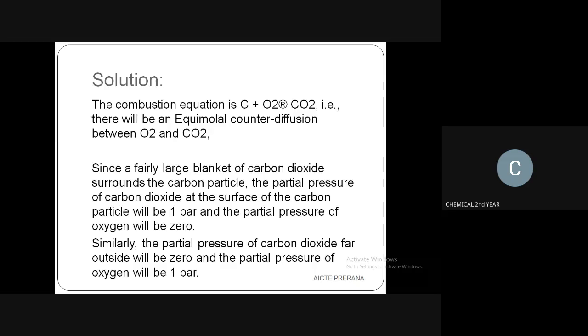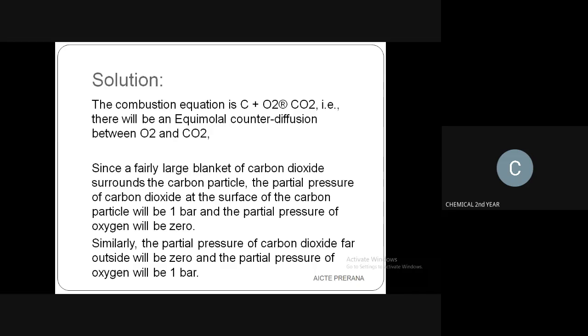Clearly listen: since a fairly large blanket of carbon dioxide will surround the carbon particle, the partial pressure of CO2 at the surface will be 1 bar, and the partial pressure of oxygen will be 0.